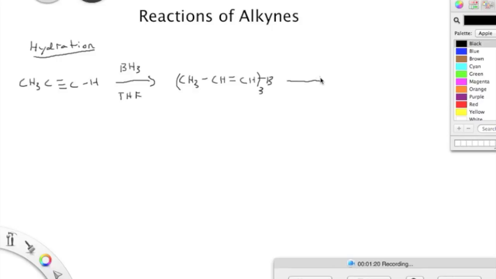And so once again, we're going to use hydrogen peroxide, H2O2, and OH minus to give us our final product, which in this case is going to be this enol that is over here.